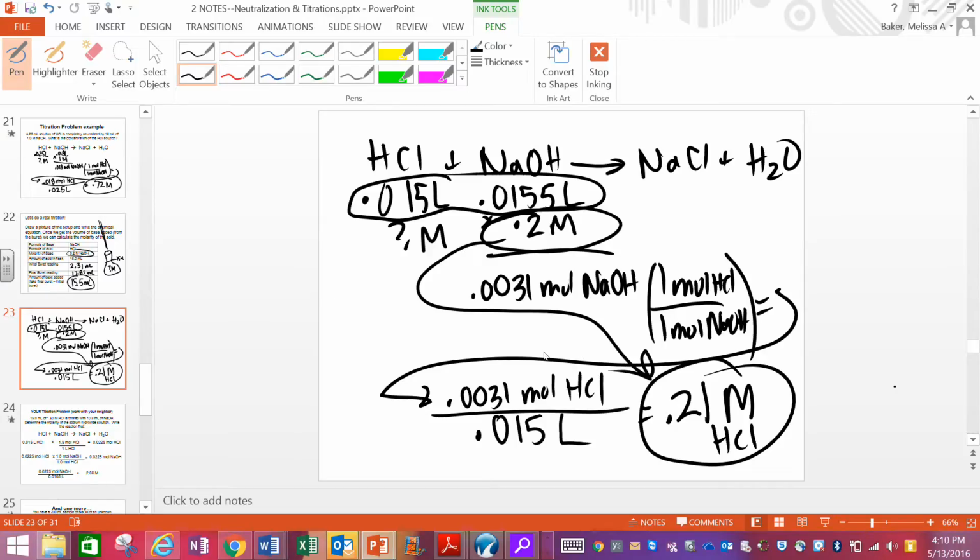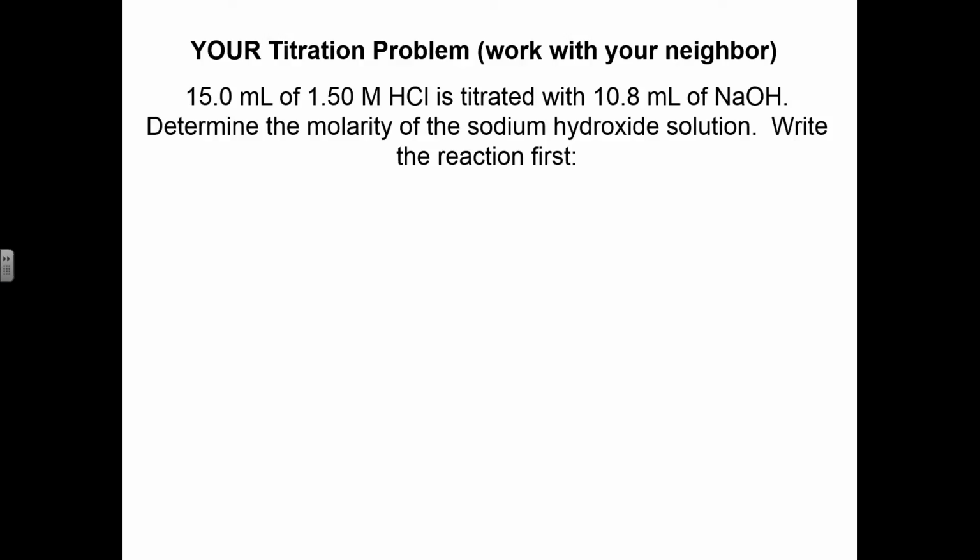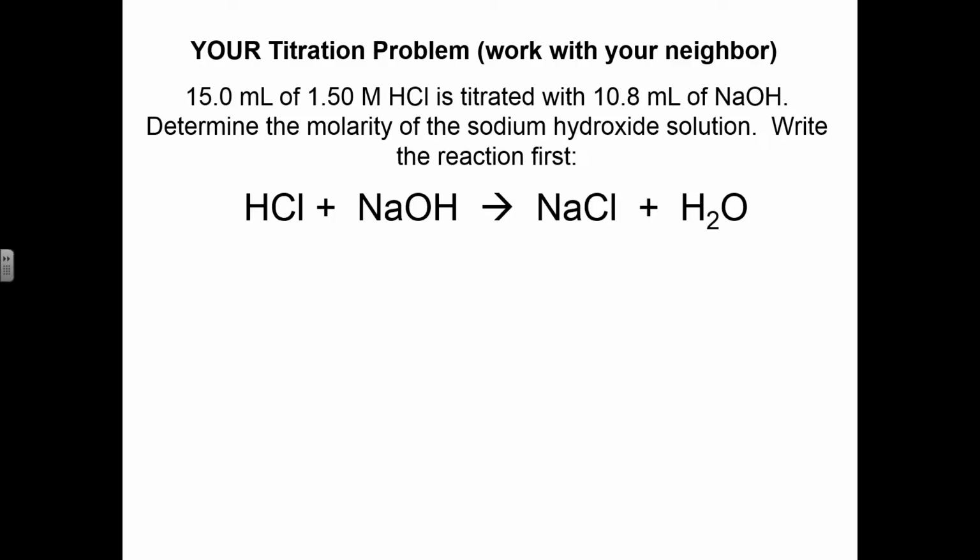Then there's 2 more questions in the notes. I'm not writing these out, but let's go through these together and talk through them. Here's another similar one. You've got the same reaction, and so underneath you would write 0.015 liters under the HCl, and its molarity, 1.5 molar.